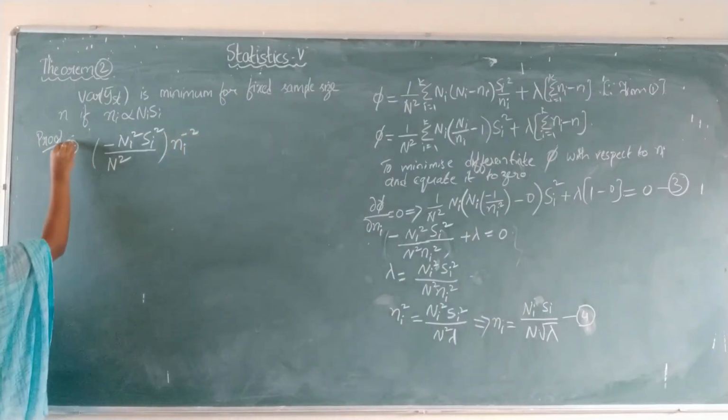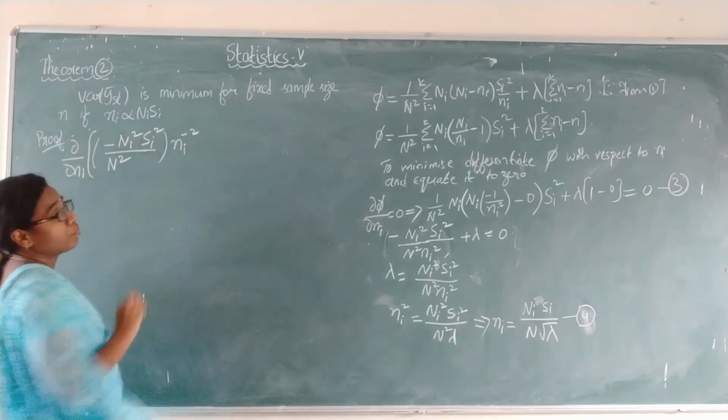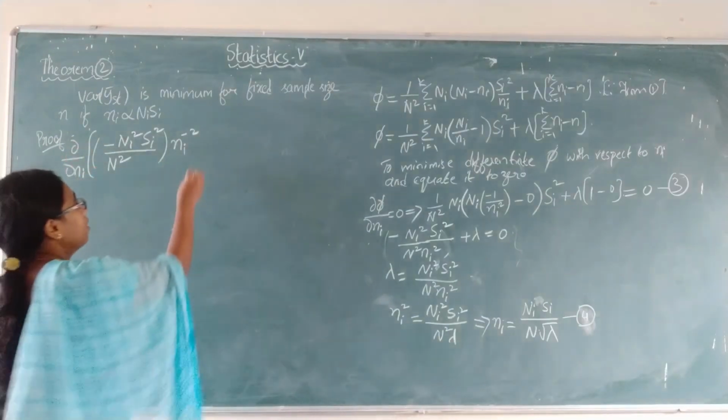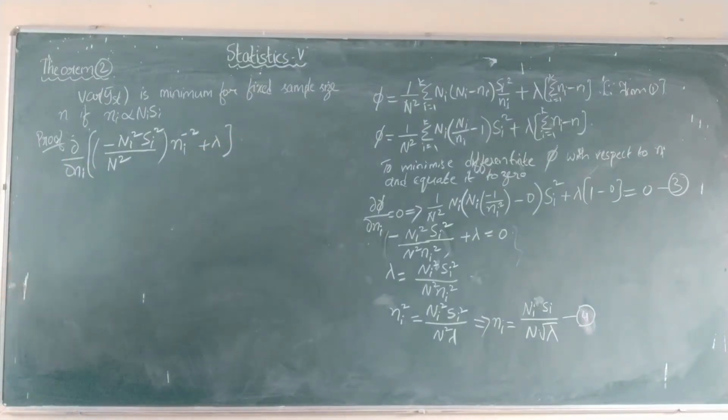So we are differentiating this term, dou by dou ni, plus lambda. Now we are considering the second differentiation. So this is the value of second differentiation, that is dou square V by dou ni square equals dou by dou ni of that.